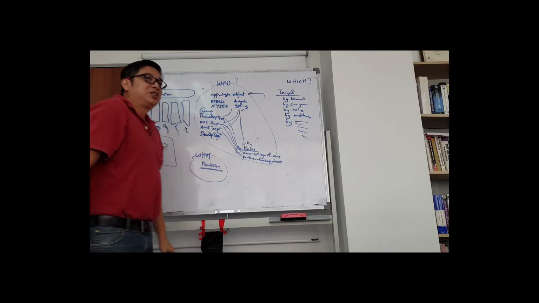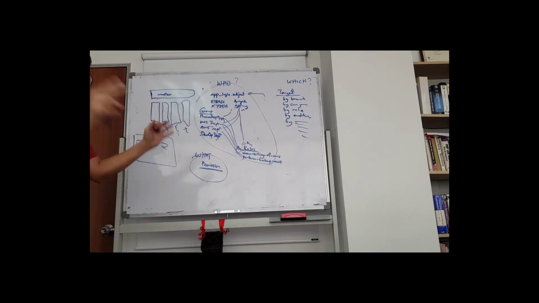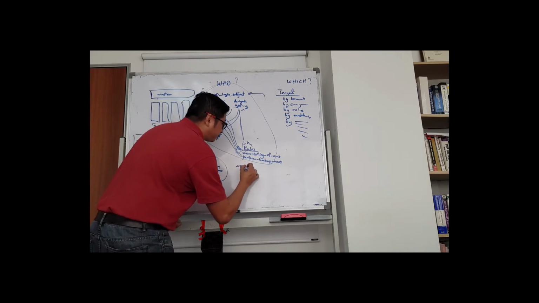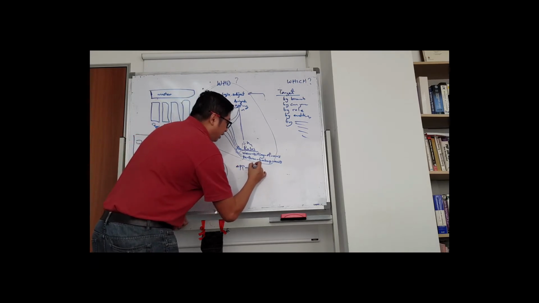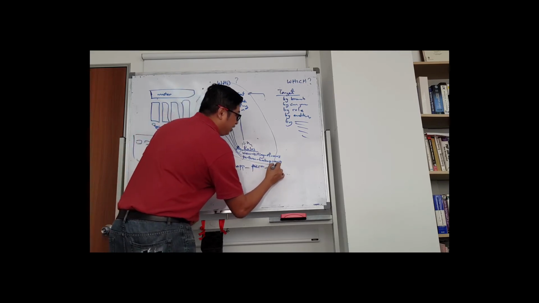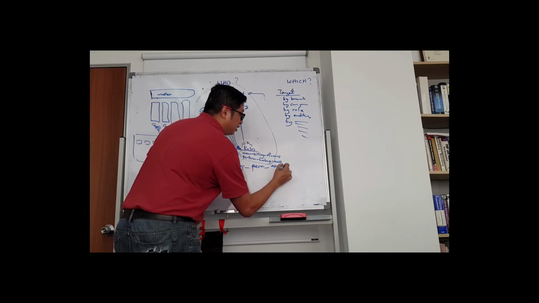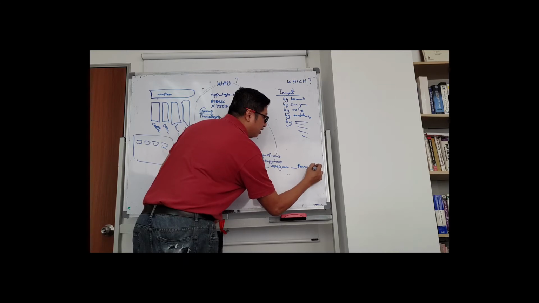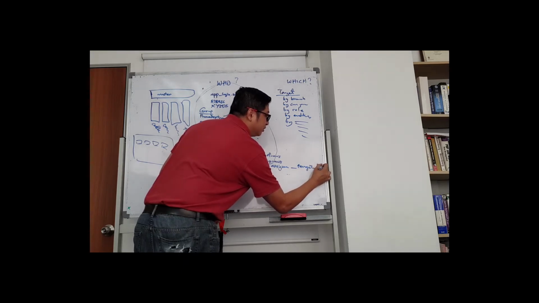Okay? So in order to link all these three together, what we do is that we have a table. This one is Permission Assignee Target link table.